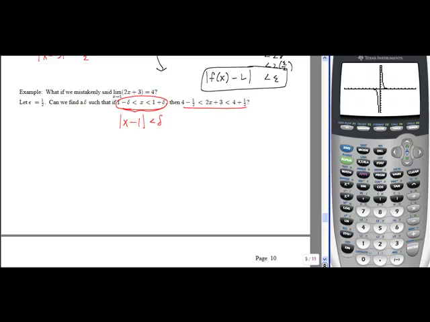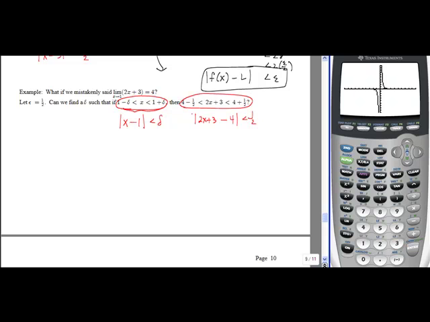And this is just another way of saying that the function, this 2x plus 3, minus the limit, which is that 4, is less than a half. So these are just different ways of saying these absolute value statements. So in other words, if we let epsilon equal a half, is it possible for this to be true?